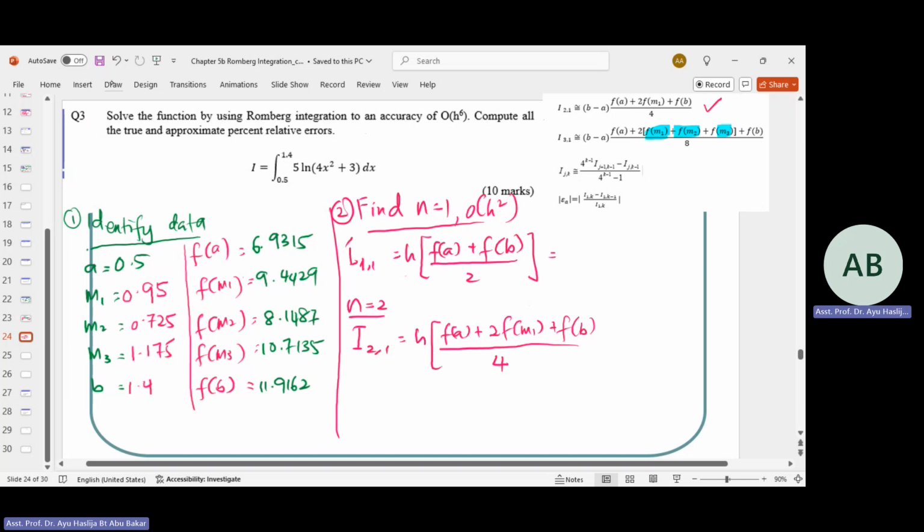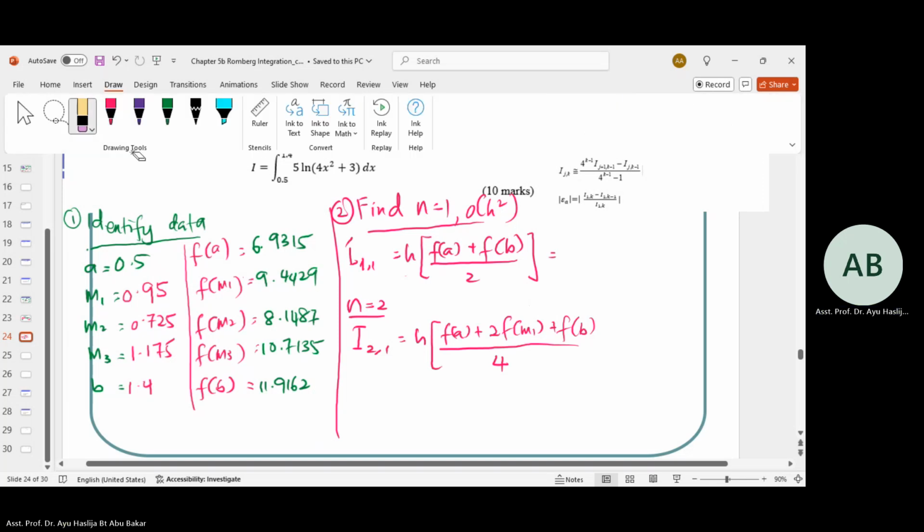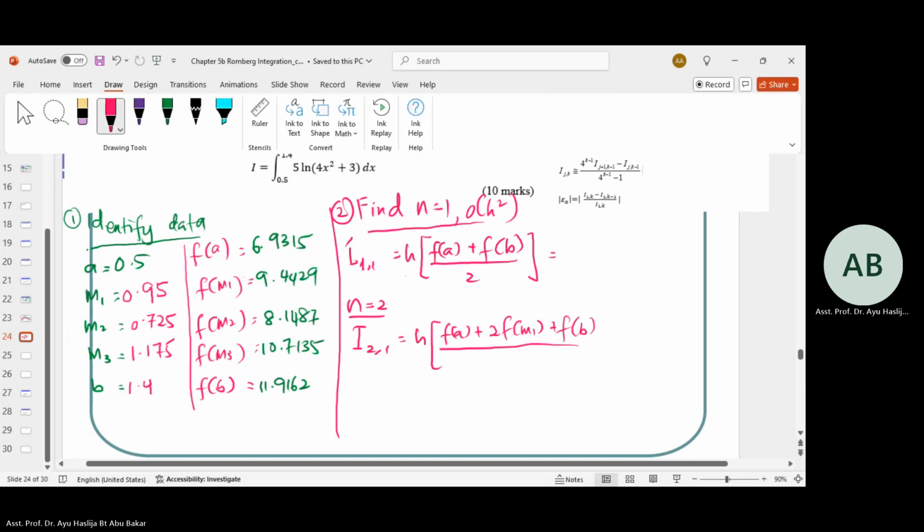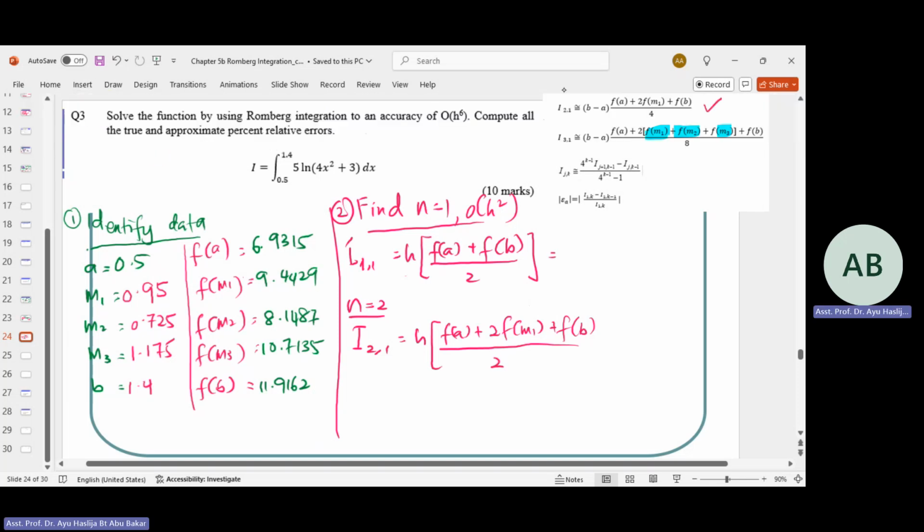Over 2, sorry. Okay, here is over 4 because it used B minus A. You can straight away use the H value as well. We know H is B minus A over N.